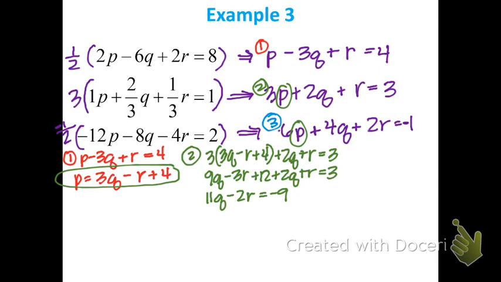For that first one, did you guys get 11q minus 2r equals negative 9? Yes. Now do the same thing with equation number 3.